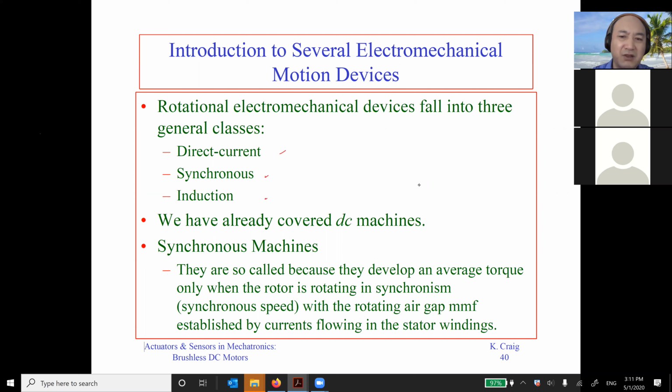Because they develop an average torque only when the rotor is rotating synchronously with the rotating magnetic field. So if you have current flowing in a stator winding, you generate a rotating magnetic field, and the rotor will move synchronously with that magnetic field.